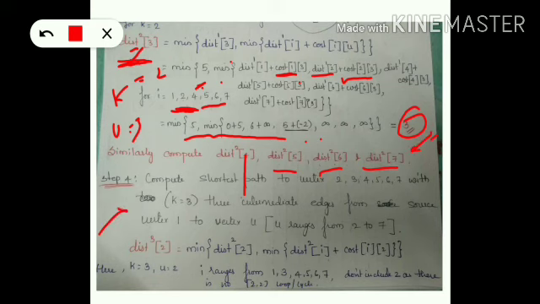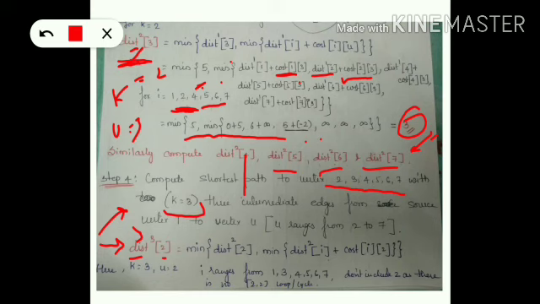Once you are done with calculating the shortest path with two edges in it, the next step is to calculate the distance of reaching all other vertices 2, 3, 4, 5, 6 and 7 from the source vertex 1, such that the shortest path now has 3 edges in it. So the distance matrix to be calculated now is read as distance to vertex u, which has 3 intermediate edges. First we calculate dist of 2 raised to 3.